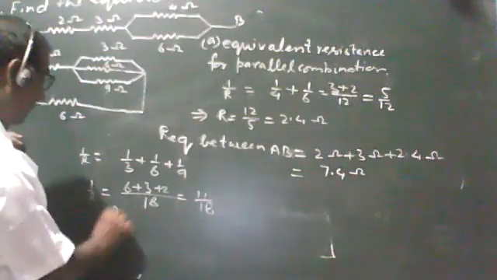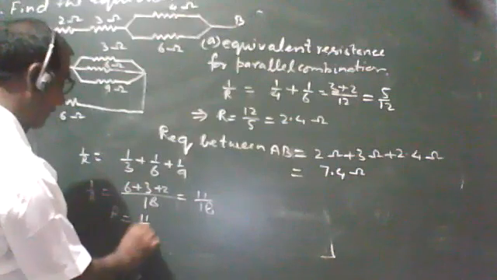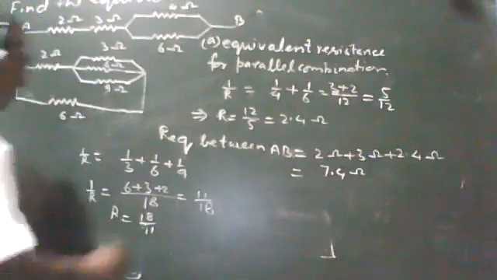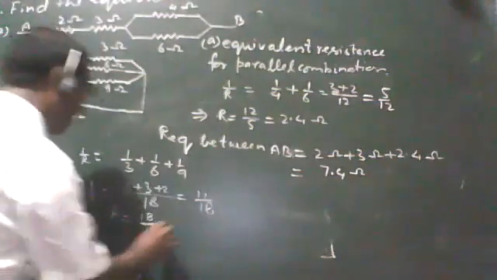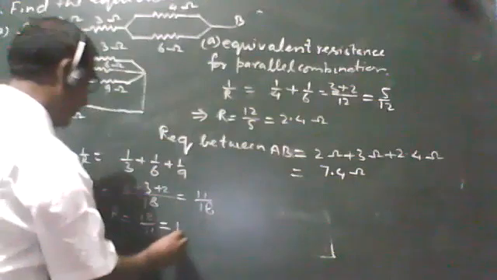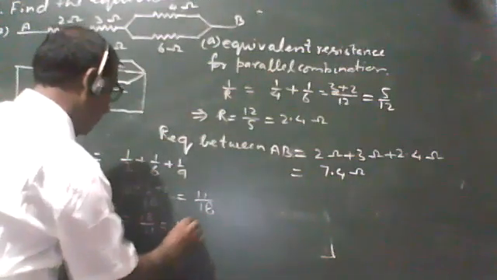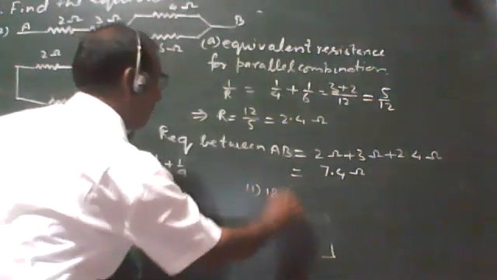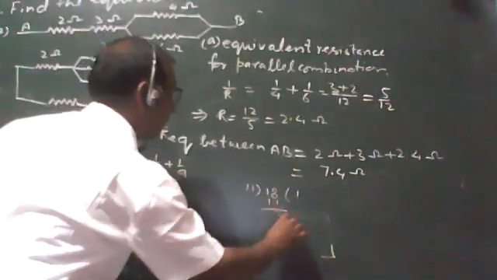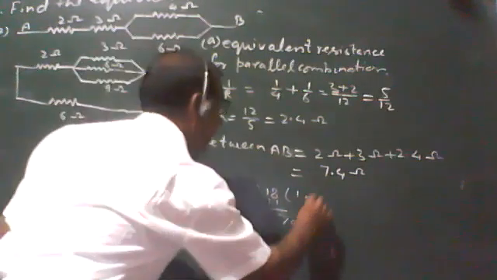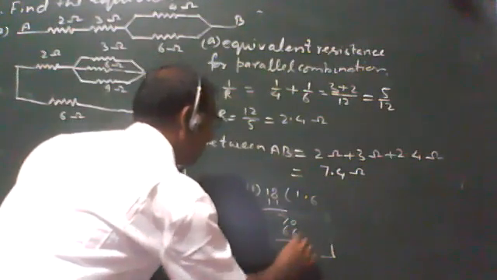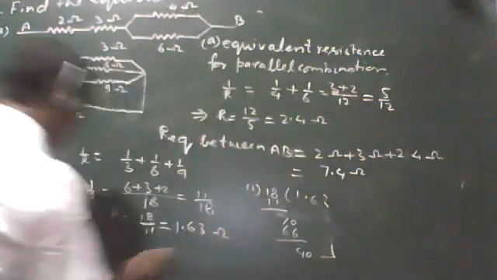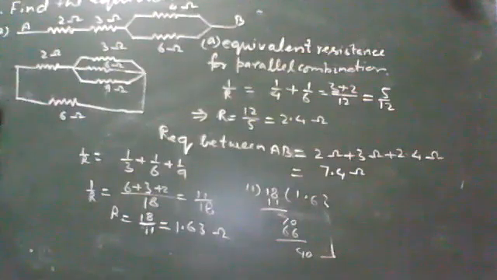Then R is equal to 18 upon 11, which is about 1.63.